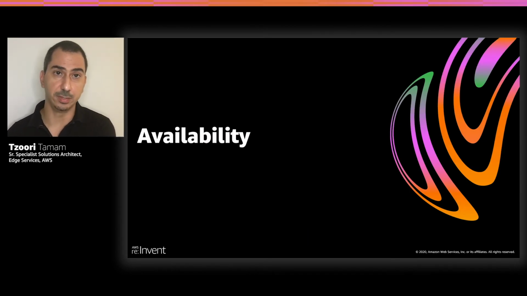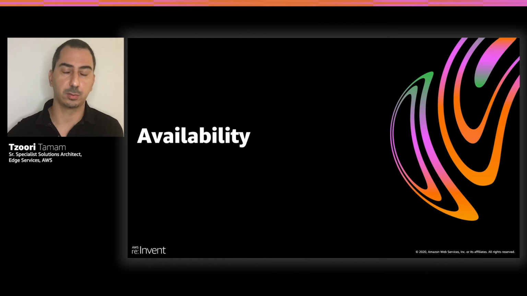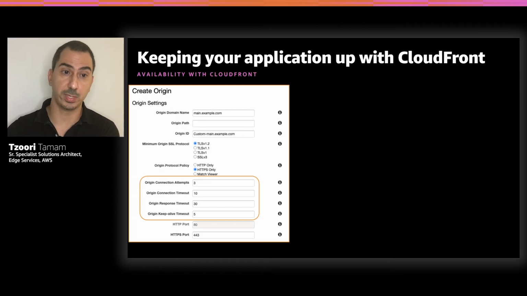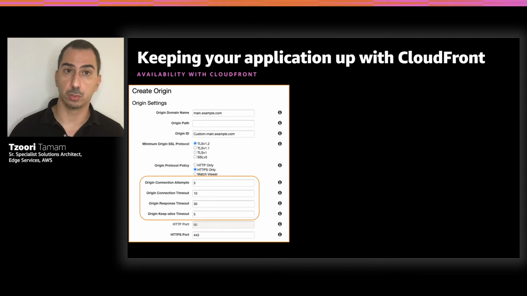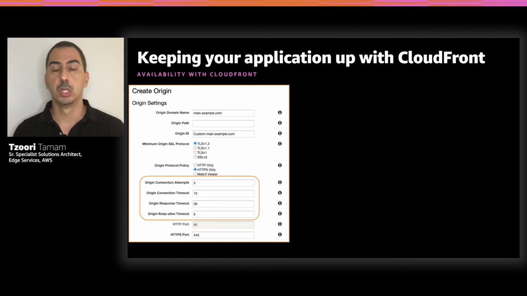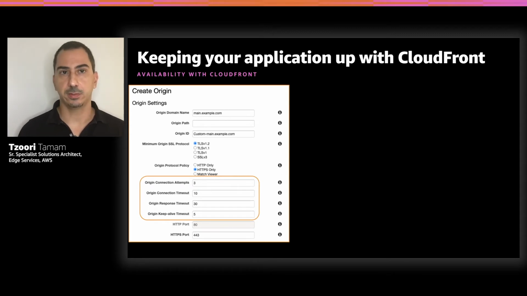Moving on to availability. Another aspect of using CloudFront is providing as high of an availability for your application as we can. And with availability, there are a few recent additions we've made to make it easier for you to control how you treat your origins. So one thing we've done is added a customizable timeout that you can use to control how aggressive you want to be with how long you want to wait for a server response from the origin.